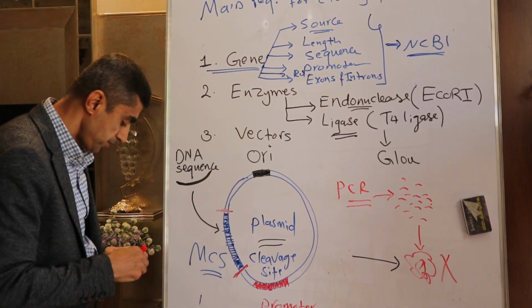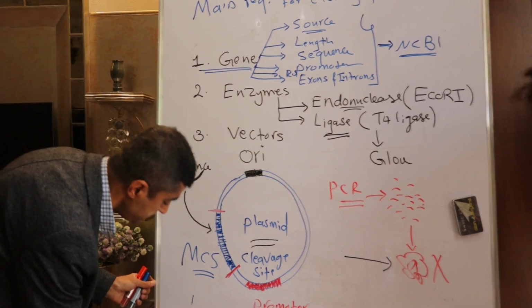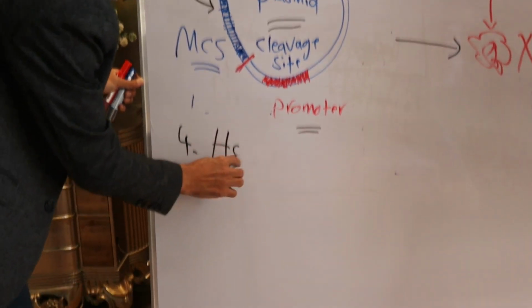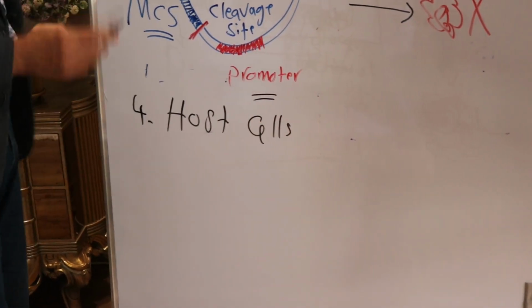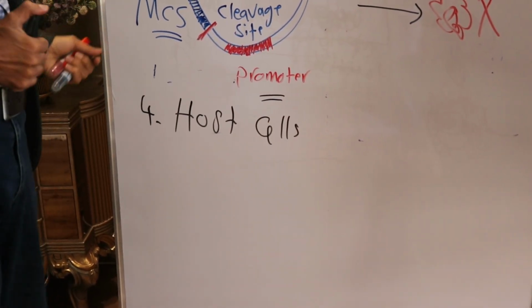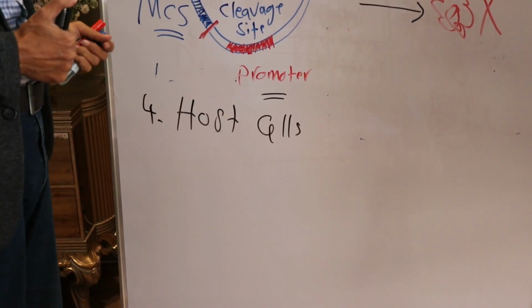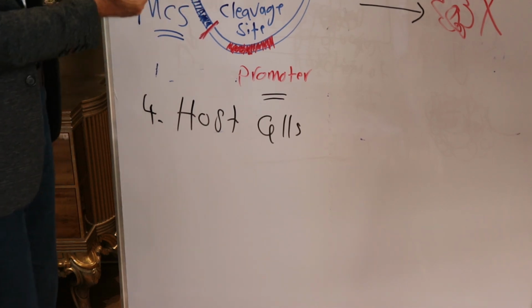So the last requirement is the host cell. We use different types of cells for cloning, for expression of our targeted gene.